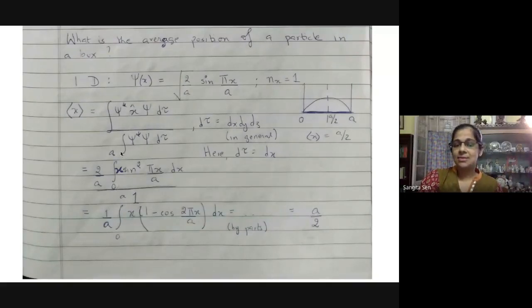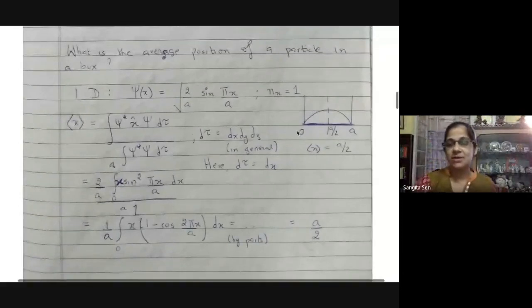And since this is a confined particle, you have a limit to this integral, so it's between 0 and a. And when you integrate this by parts, then you will get a by 2.